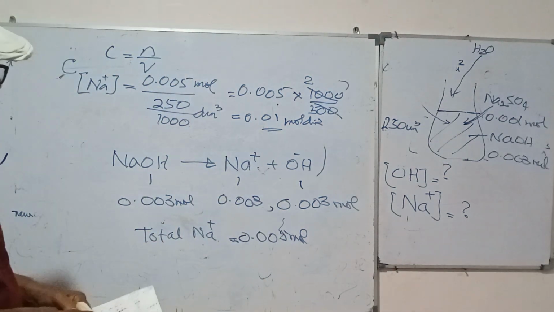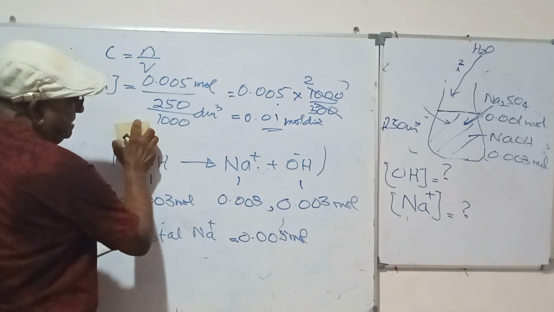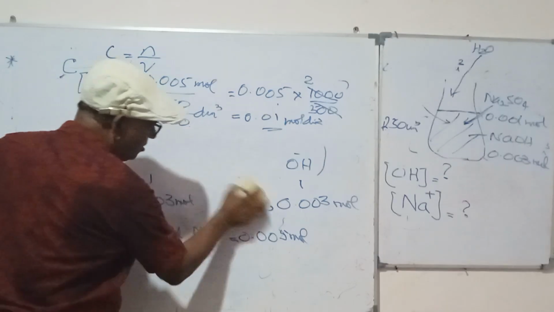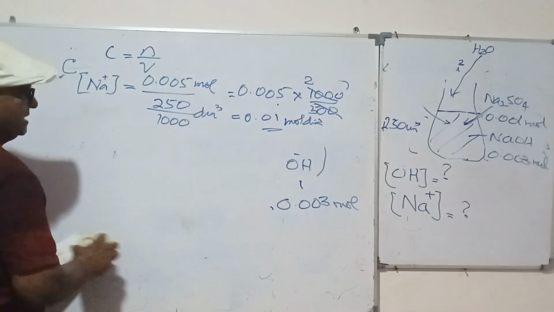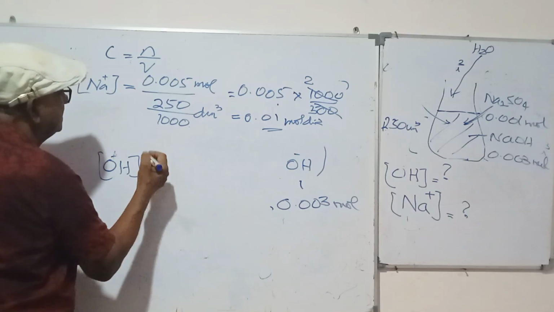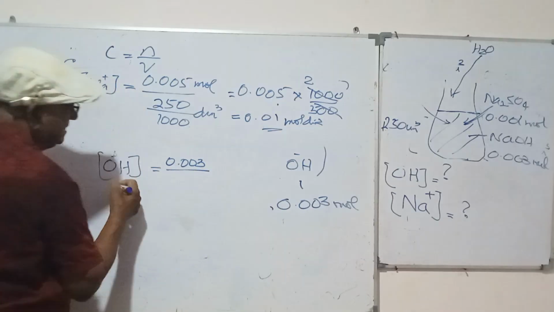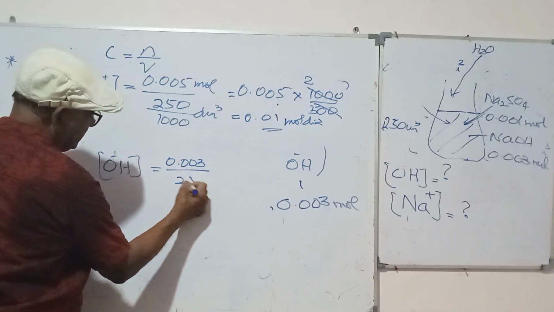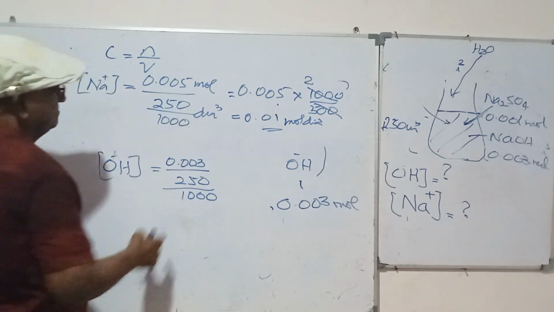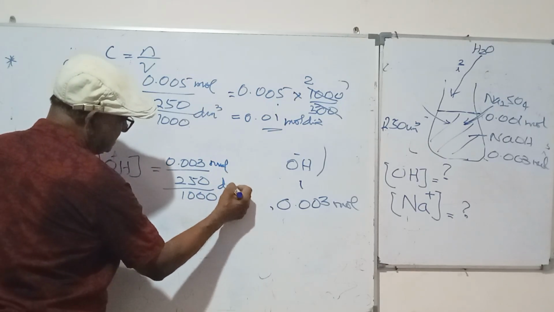Right? Then how do we calculate the OH ion concentration? OH ions are given only by sodium hydroxide. The total amount is 0.003. Therefore, OH minus concentration equals number of moles, 0.003 divided by 250 divided by 1000, as here, in moles per cubic decimeter.